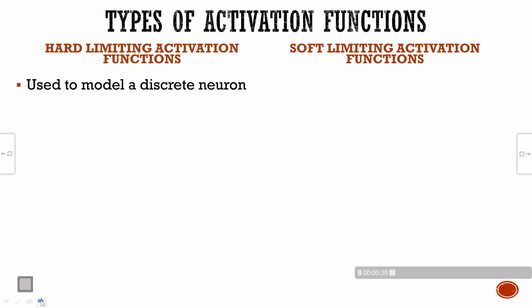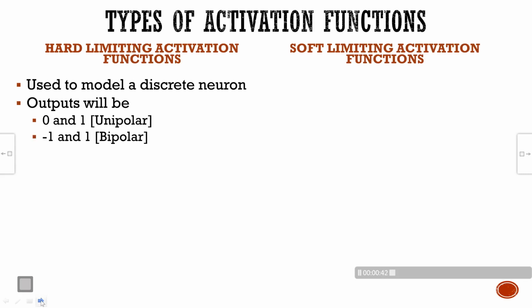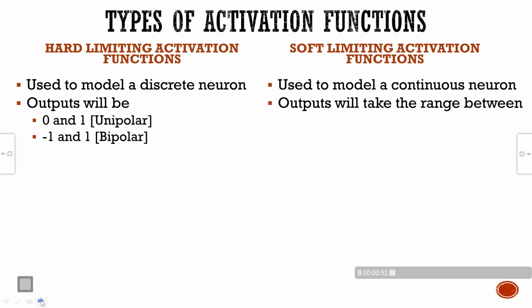Hard limiting activation functions are used to model a discrete neuron and the outputs will be either 0 or 1 for the unipolar case and -1 and 1 for the bipolar case. Whereas soft limiting activation functions are used to model a continuous neuron and the outputs will take the range between 0 and 1 for the unipolar case and between -1 and +1 for the bipolar case.